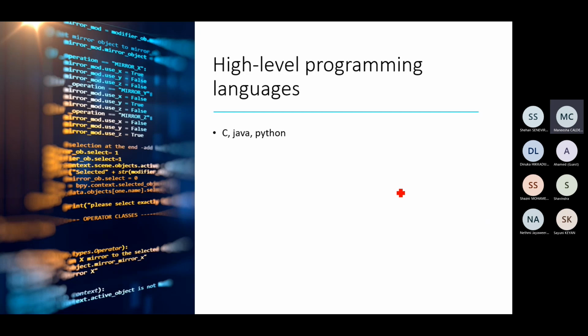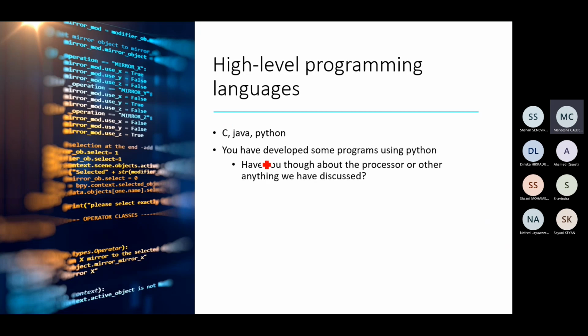There might be a range of high-level languages like C, Java, Python, and you have developed some programs using Python. I'm pretty sure most of you used at least one or many languages to develop an application.